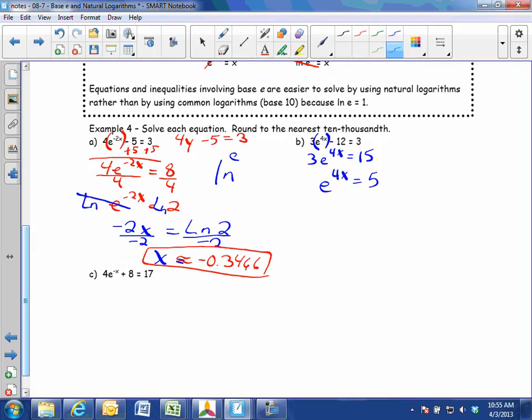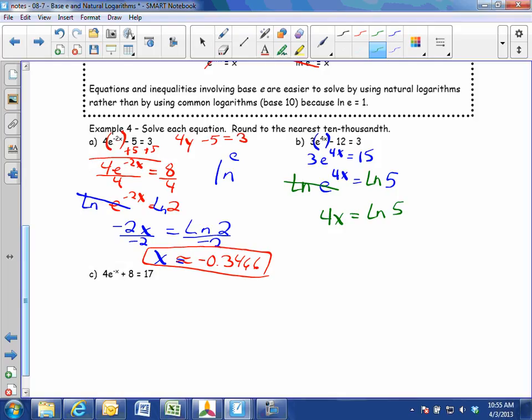And then take the natural log. You don't really say multiply by the natural log, you say take the natural log of both sides. What happens on the left? They cancel. We're just left with 4x equals natural log of 5.